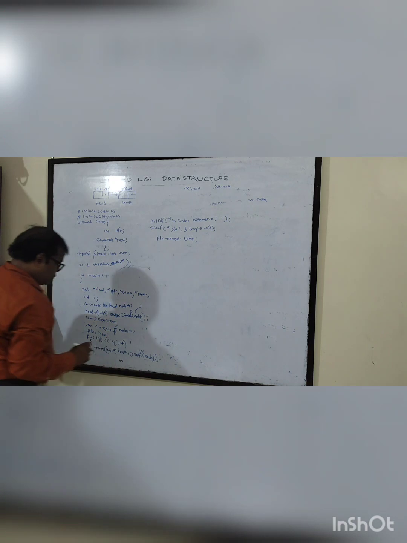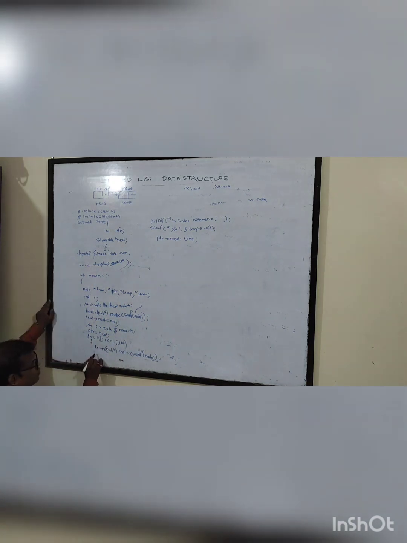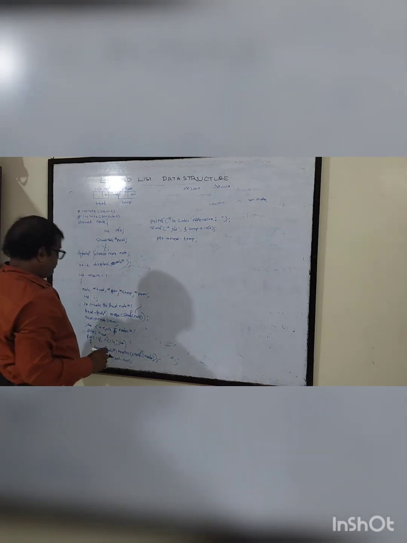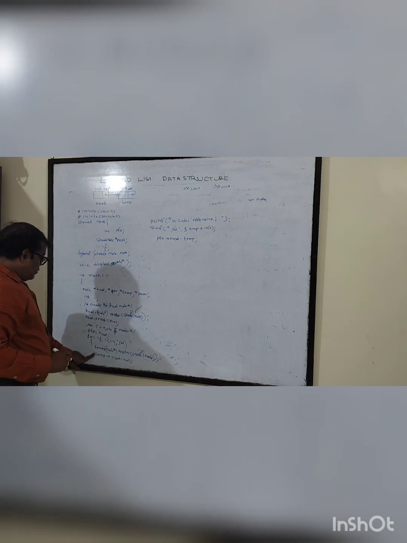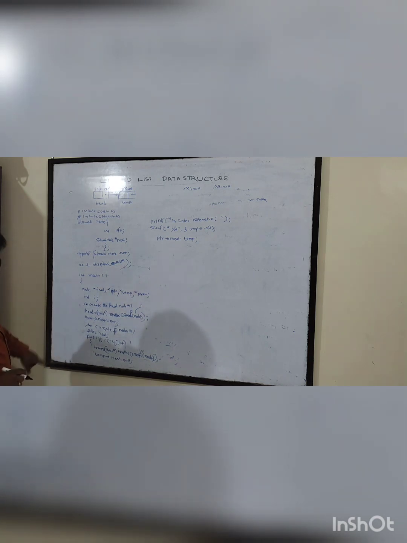Okay, and one thing we have done here: once you allocate the memory, you write temp next is equal to null. I have specified this line here for clear understanding.